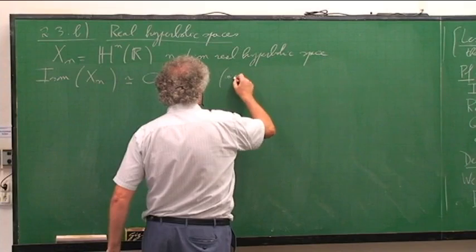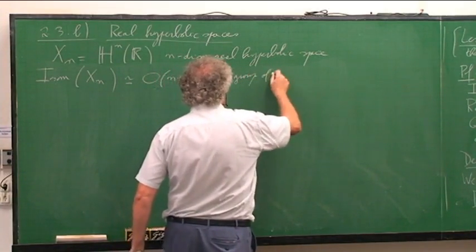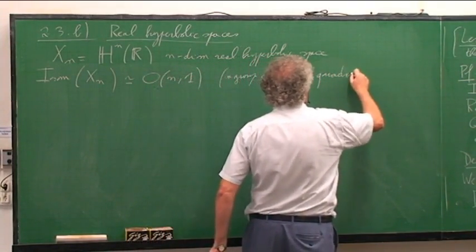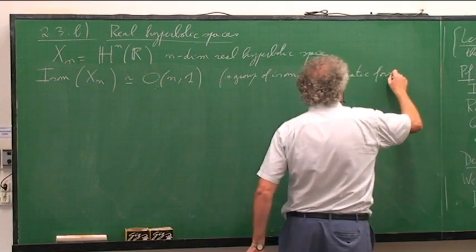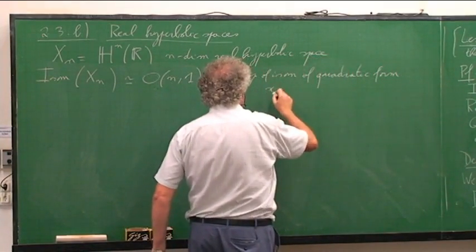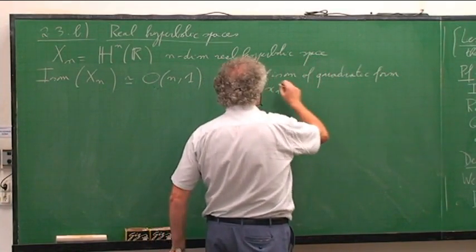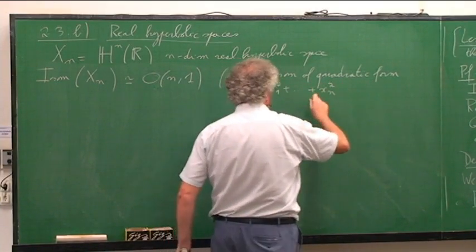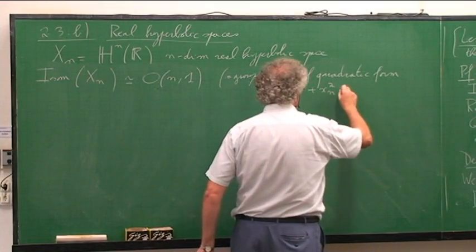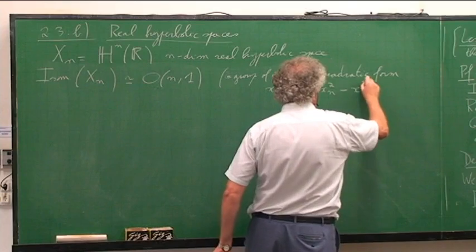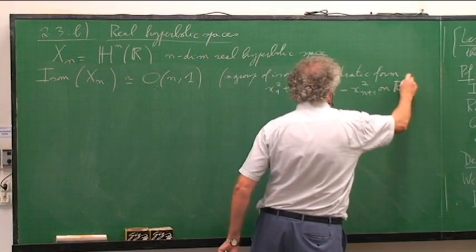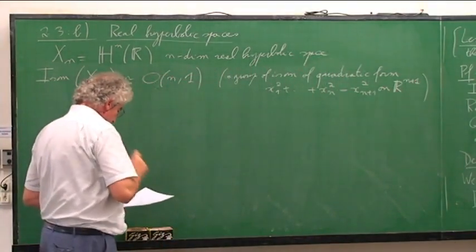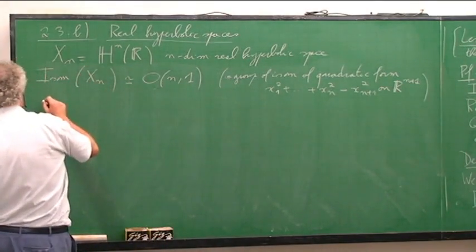So this is the group of isometries of the quadratic form of signature (+,...,+,-), that is x_1 squared plus ... plus x_n squared minus x_{n+1} squared on R^{n+1}.